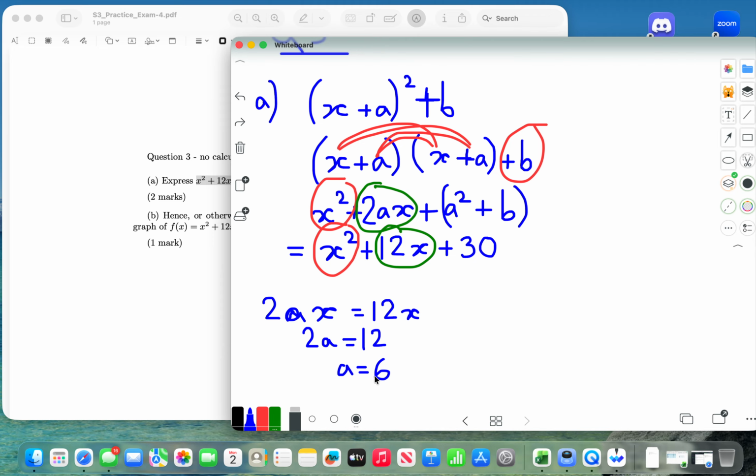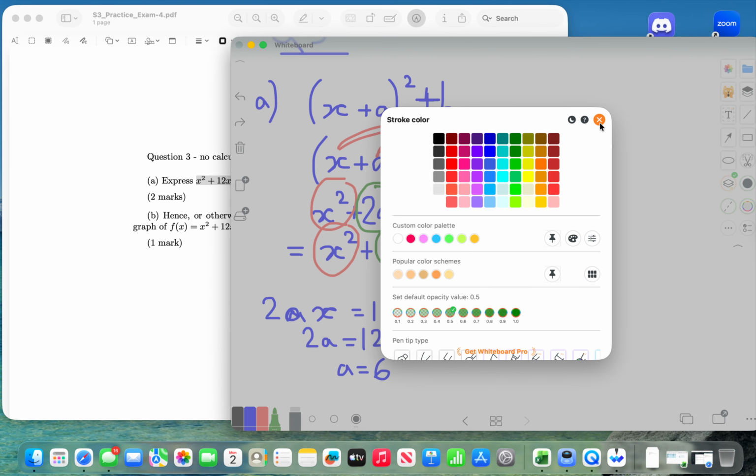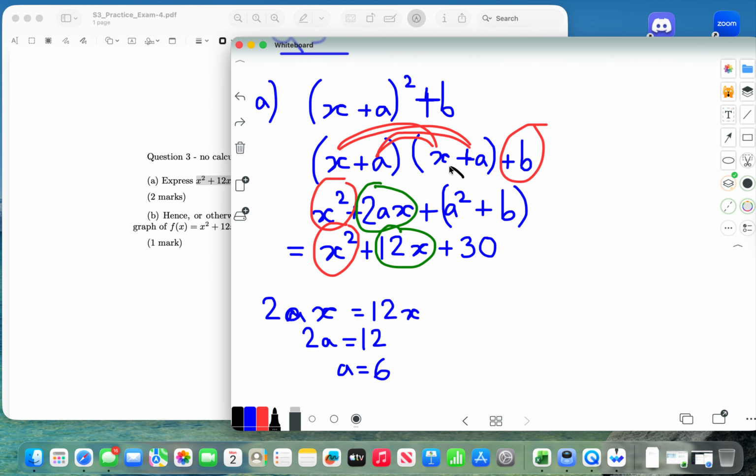Now, the part that you have to be careful of, and if you don't quite understand this, because it does take time to understand, either leave a comment or ask your teacher in school about this, because it will take time to register.